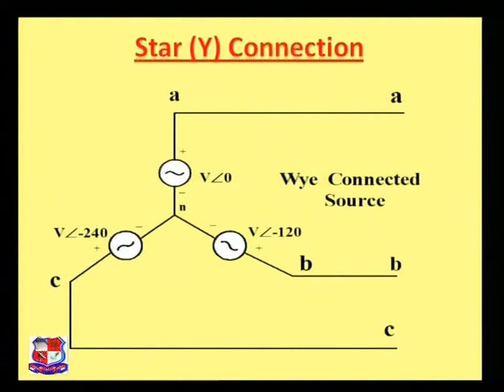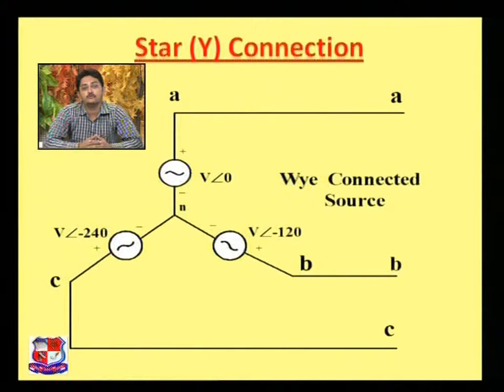B is lagging A by 120 degrees, and C lags phase A by again 120 degrees. So 120 plus 120, that is 240 degrees. If you consider C with respect to B, then it is lagging by 120 degrees, but if you consider C with respect to A, then it is lagging by 240 degrees, as seen in the given figure.